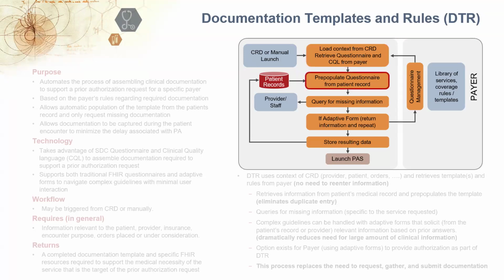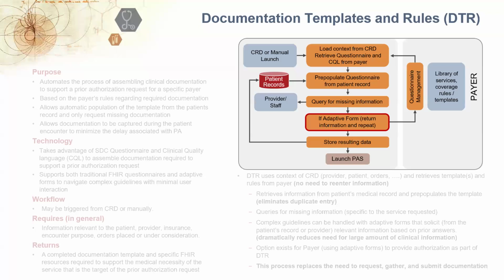But again, we take the CQL, we pre-populate. The query for missing information is just that. If the EHR does not support that information, or for whatever reason it can't find or retrieve it, then someone, the provider or back office staff, whichever it may be, would fill in that information on the form.